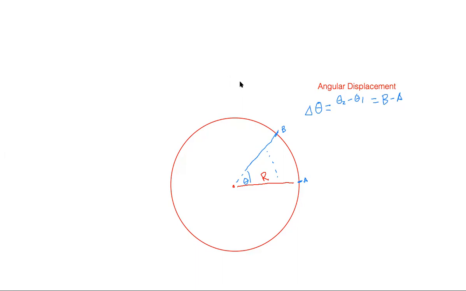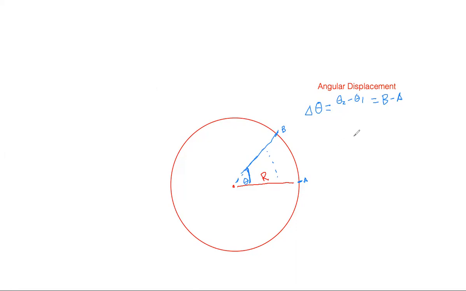And what if I suddenly worry about how fast that's happening? I want to know what my angular displacement is with respect to time, or over time. So I'd say, okay, I opened up by theta. But how fast did I open up by theta? How much time did it take? And how much theta per unit time did I get?